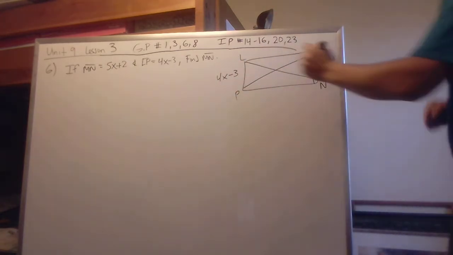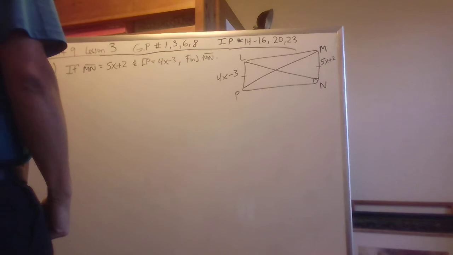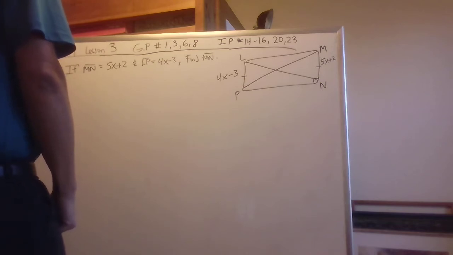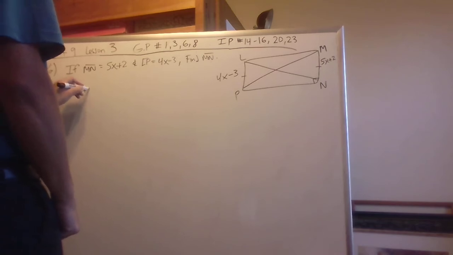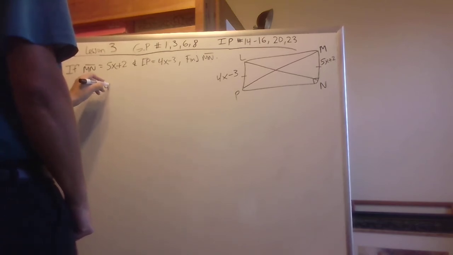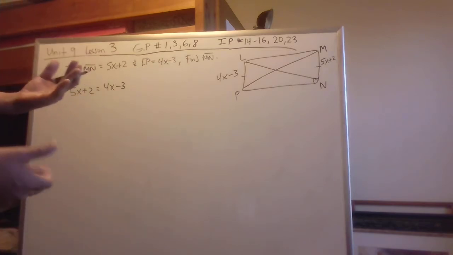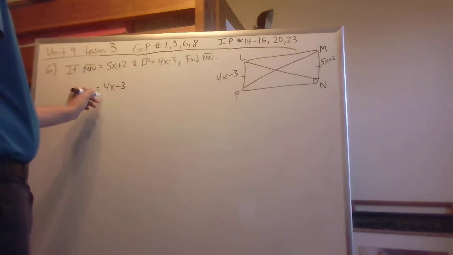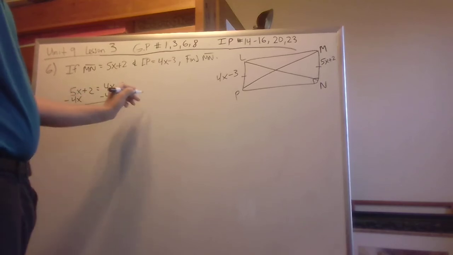Since they are opposite sides of the rectangle, we know that they're congruent. So in order to find MN, we are going to set them equal to each other. We're going to have 5x plus 2 equals 4x minus 3. And now we're just going to solve for x. We first subtract 4x from both sides of the equation.